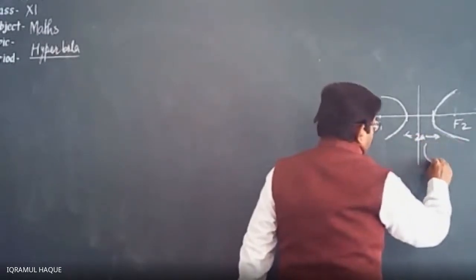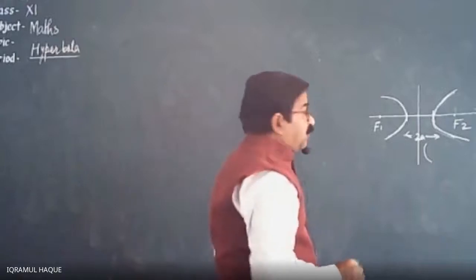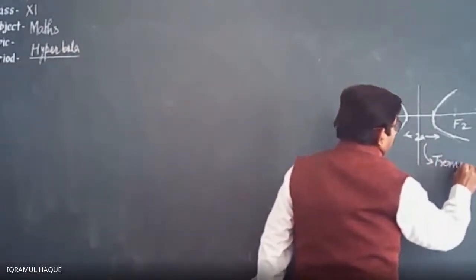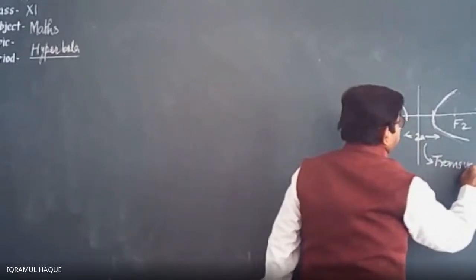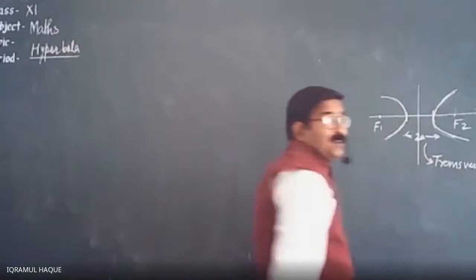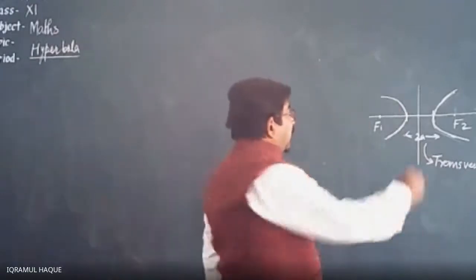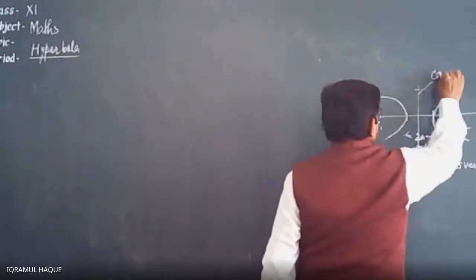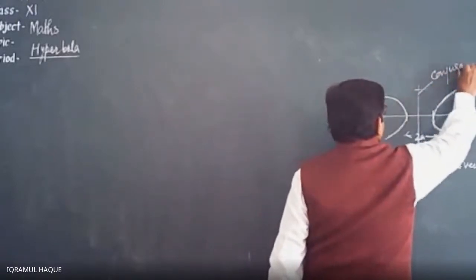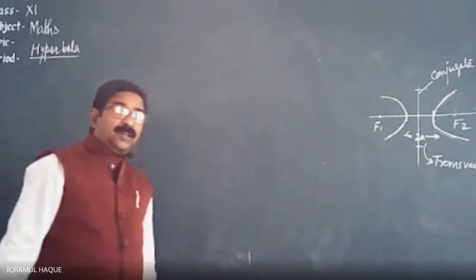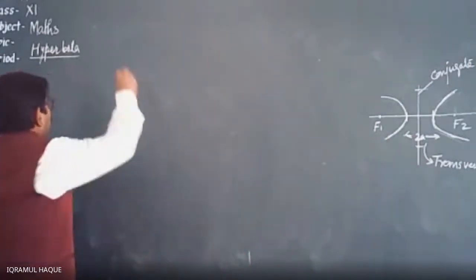And this is called the transverse axis. And here this axis is called the conjugate axis. Now let's see the definition of hyperbola.